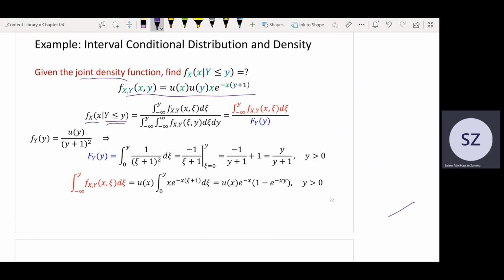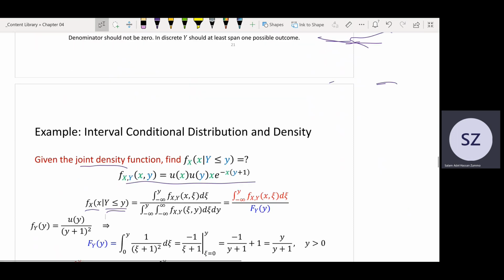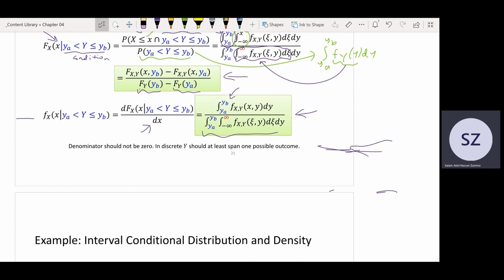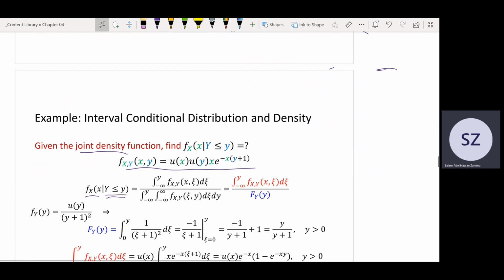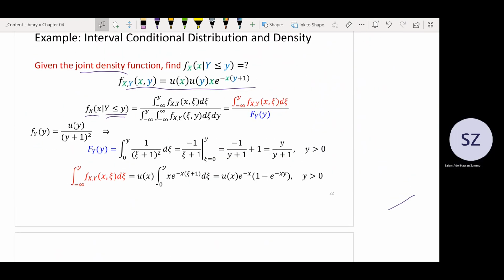In order to find this, we use the rule that we derived above, where we find this by integrating the joint PDF on the range of the condition, divided by the integral of the marginal of y over this range. Now this range is y less than or equal to a specific y, so this should be from minus infinity to y, right?